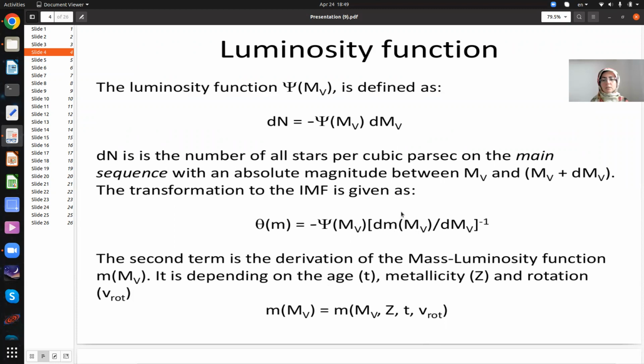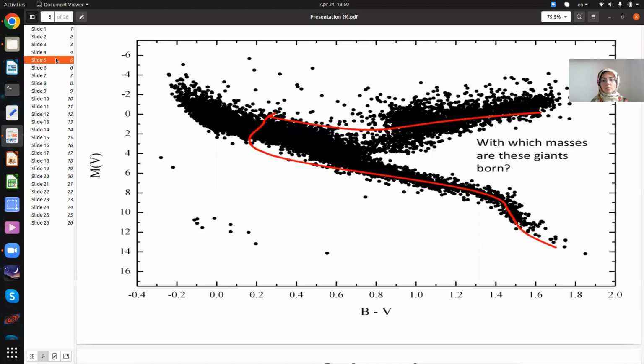MV, this one. It depends on the age T, metallicity Z, and rotation V rot. MV is equal to a function of M, metallicity Z, age T, and rotation V. Here you see the color magnitude diagram, and we want to know with which masses these giants were born.